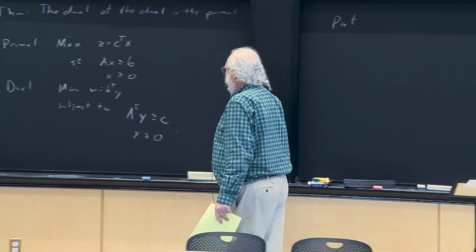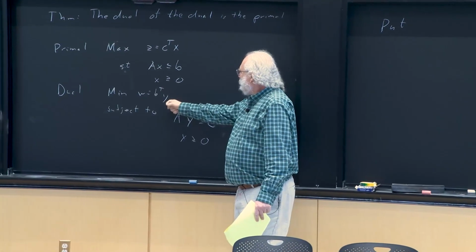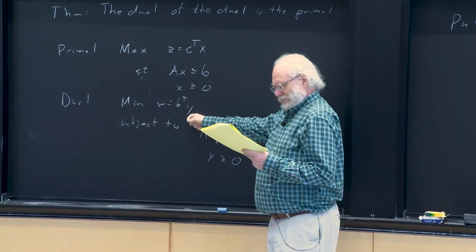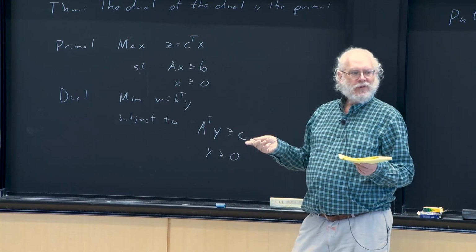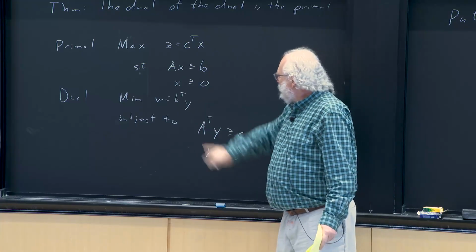So how do we turn a minimization into a maximization? We saw this already. We just take the negative.